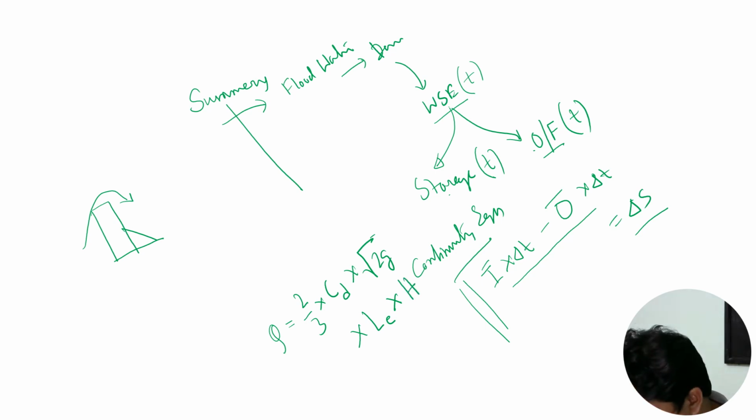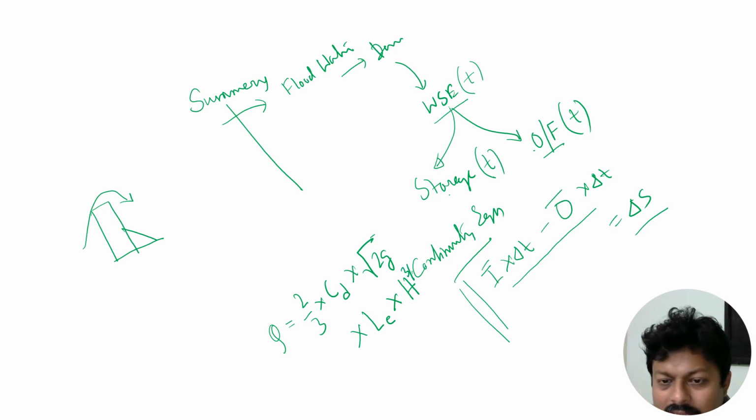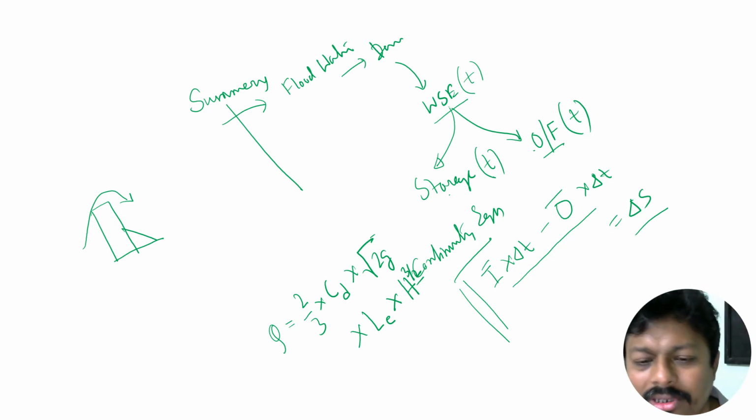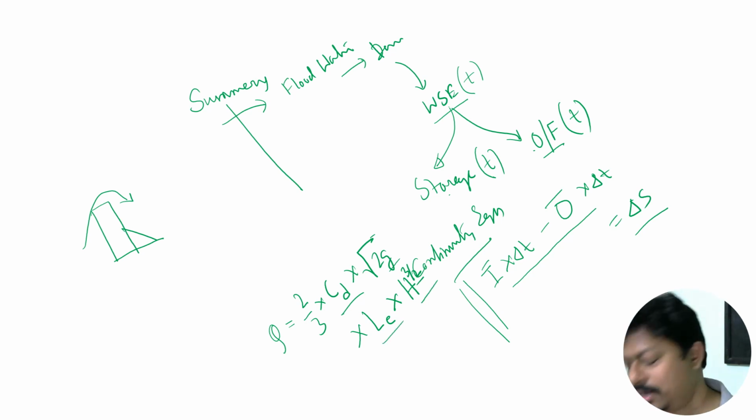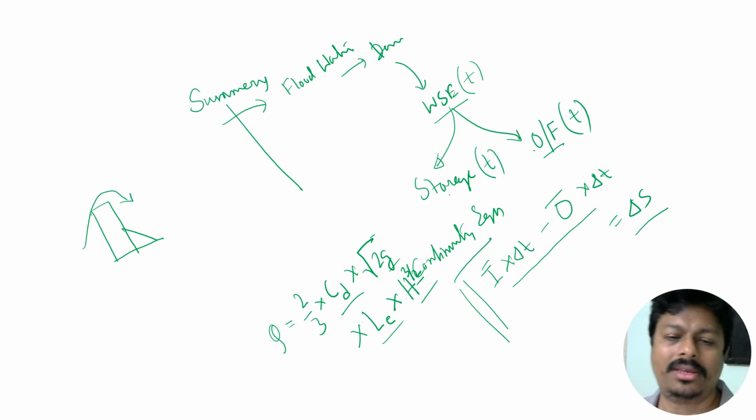So discharge through an uncontrolled spillway is a function of coefficient of discharge, acceleration due to gravity, effective length, and depth or height over the spillway.